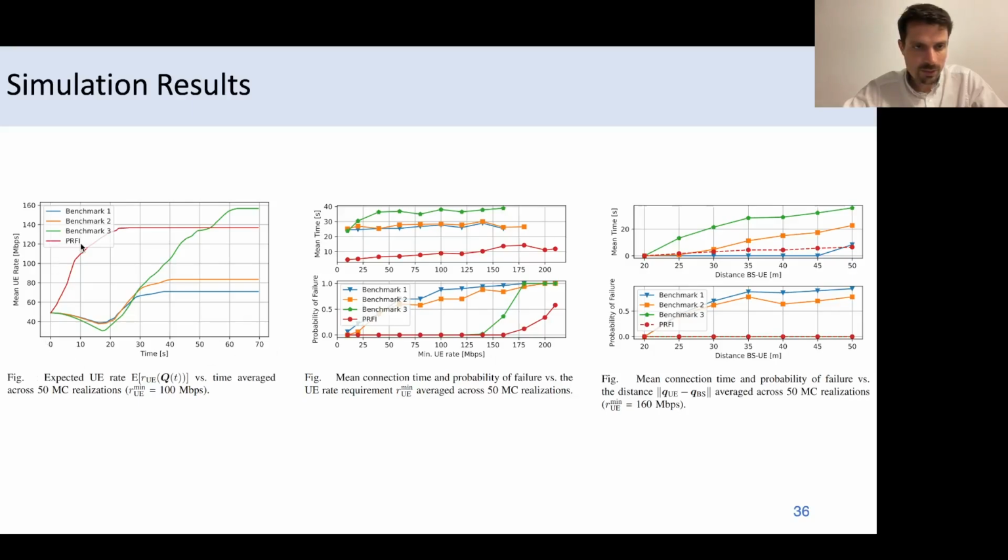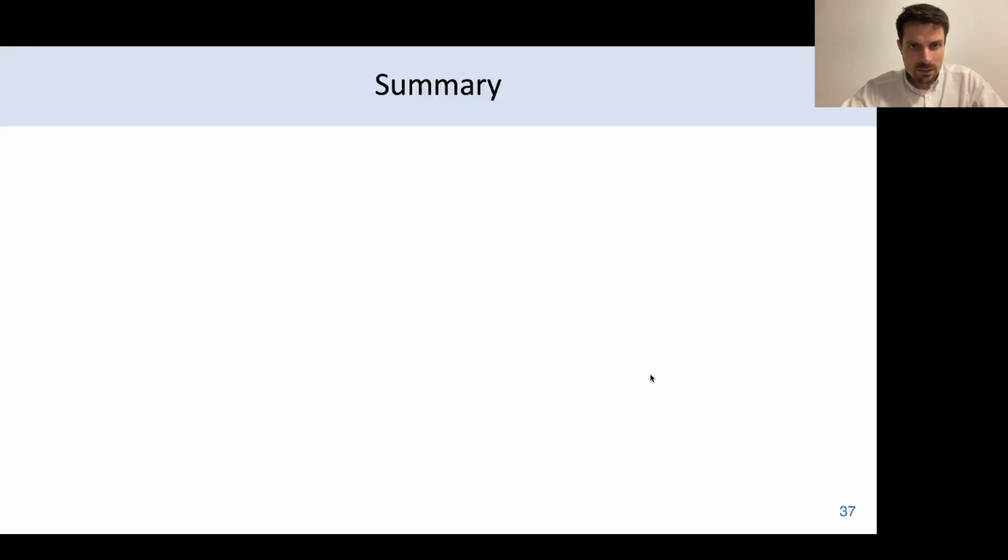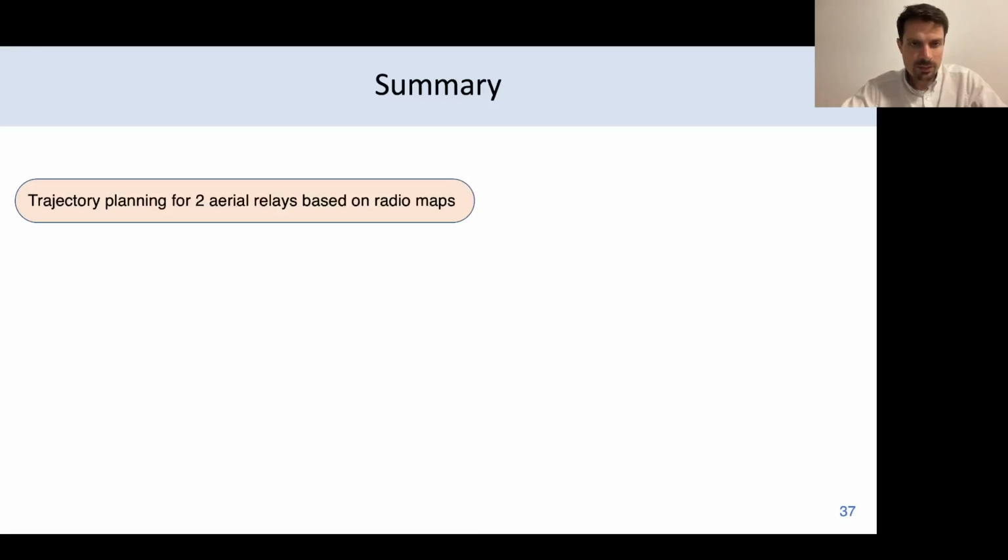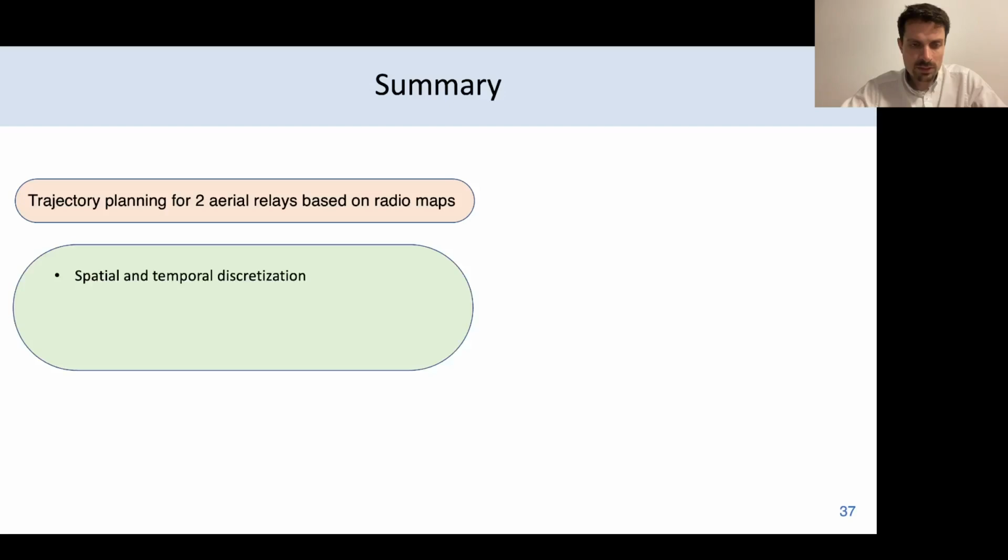If we compare with the benchmarks, all the metrics are better: mean UE rate, time to connect, probability of failure, and so on. To sum up, we have considered the problem of planning the trajectory of 2 aerial relays.